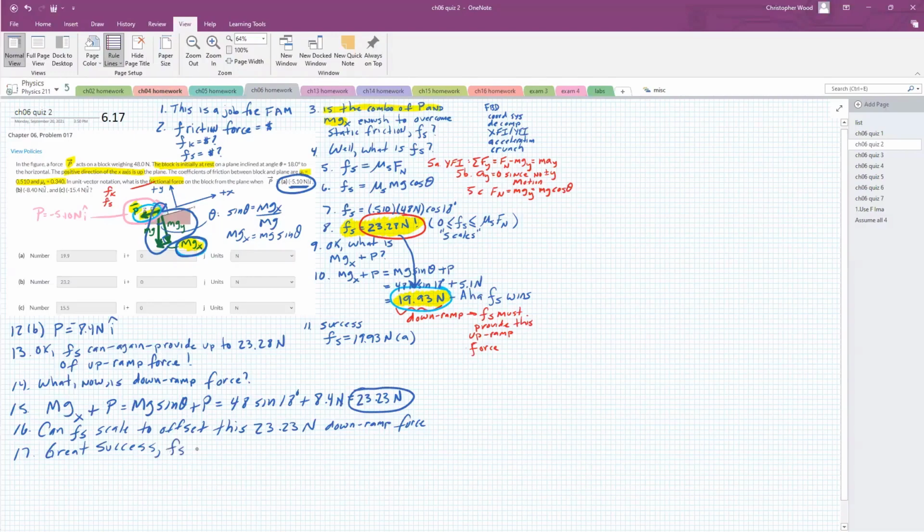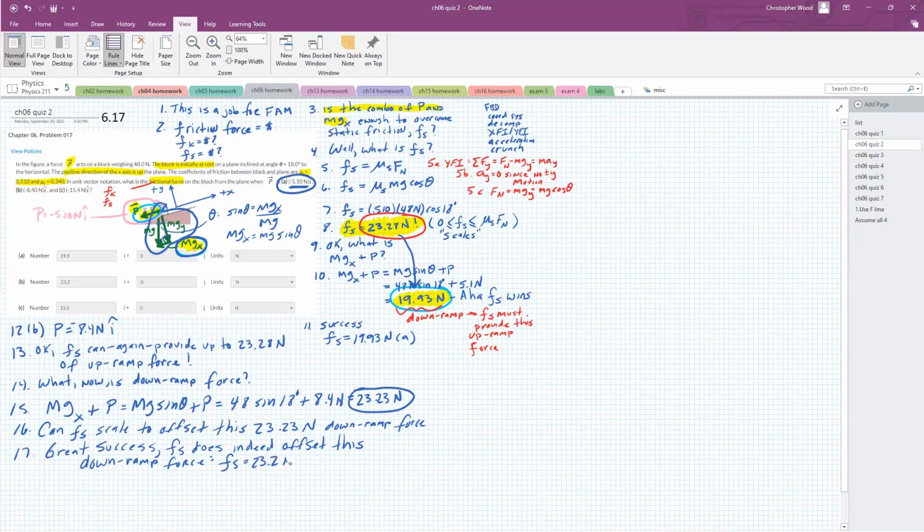F sub S does indeed offset this down ramp force, and I've already shown that. All right, so the answer is F sub S equals 23.23.